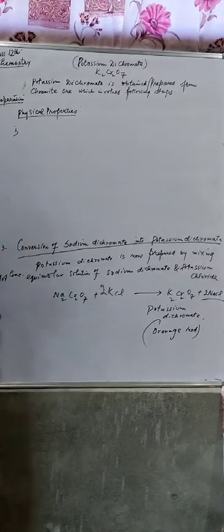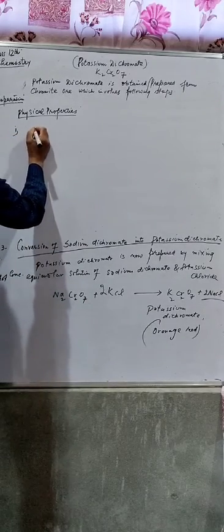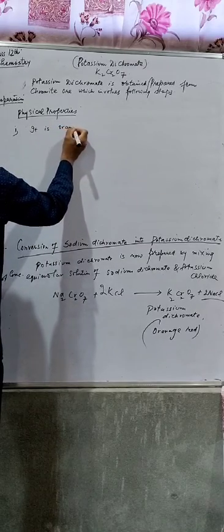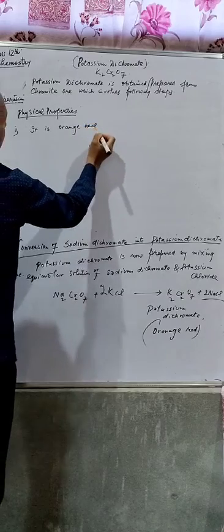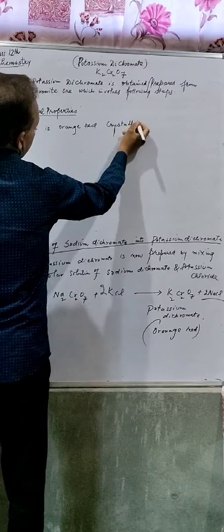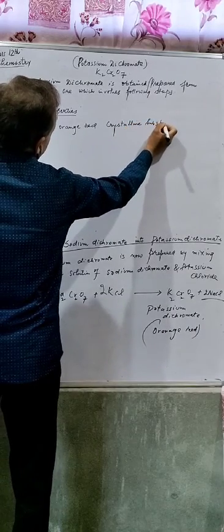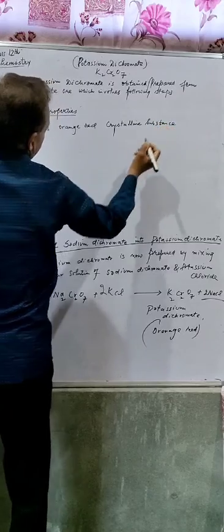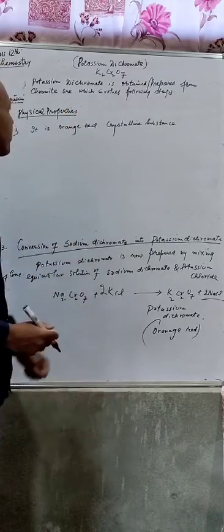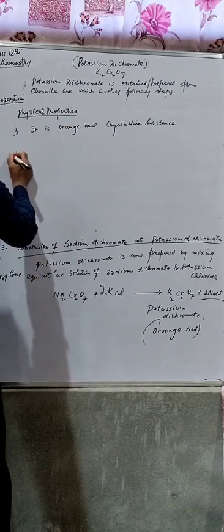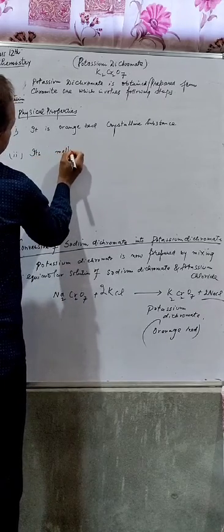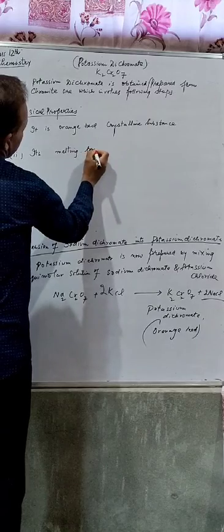Number one, it is an orange red crystalline substance. This potassium dichromate exists in orange red crystals.